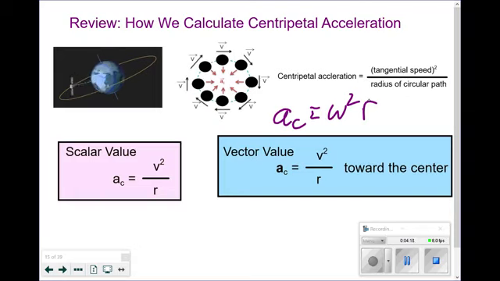However, most times when we're dealing with a pendulum, we'll be dealing with tangential speed, but not always. So it's always important to know that we have this one in the background dealing with angular speed instead of tangential speed. Remember that accelerations are in fact vectors, and they have a direction that is always going to point towards the center of the circle.